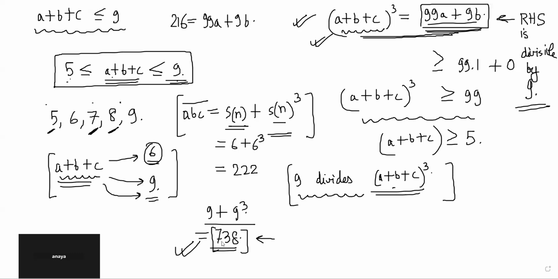Yes. A plus B plus C equal to 9 does not work out in the original conditions of the problem. You get 738, which is not the correct number because the sum of the digits is 18. But if you took ABC as 222, the sum of the digits is also 6 and it satisfies the original condition of the problem. So the answer is 222.